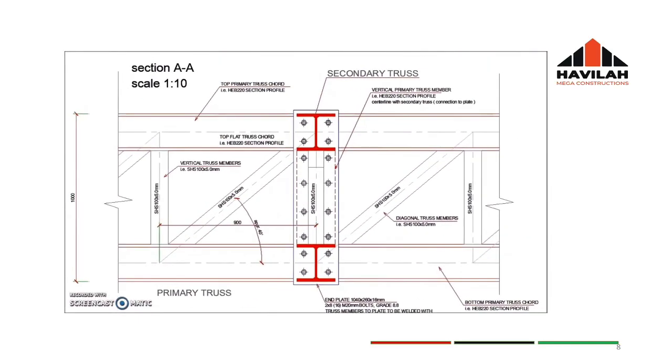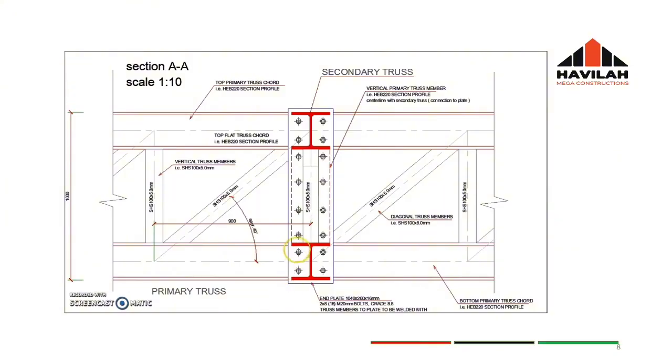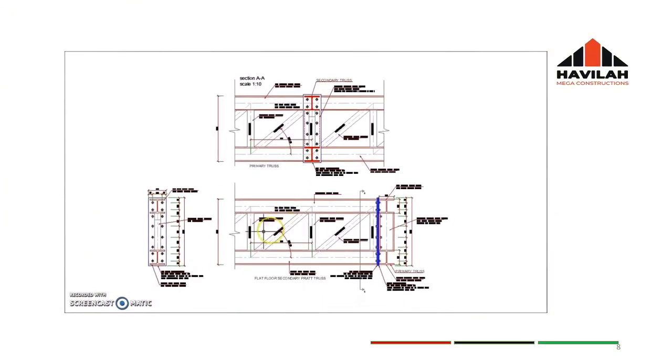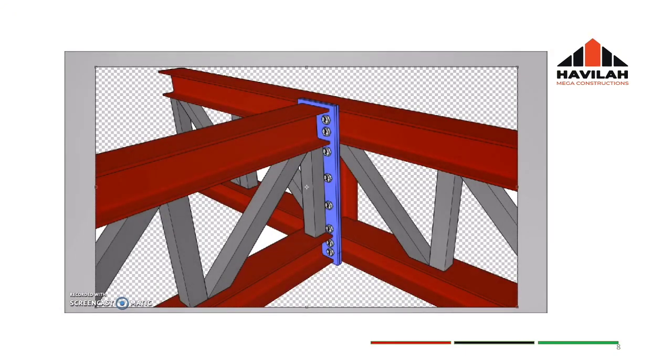You see that now we're showing the bolts around the secondary truss, and that is it. So this is exactly what a steelwork connection is, and we design for it. So if your desire is to know how to design a steel connection such as this, then this course is for you.